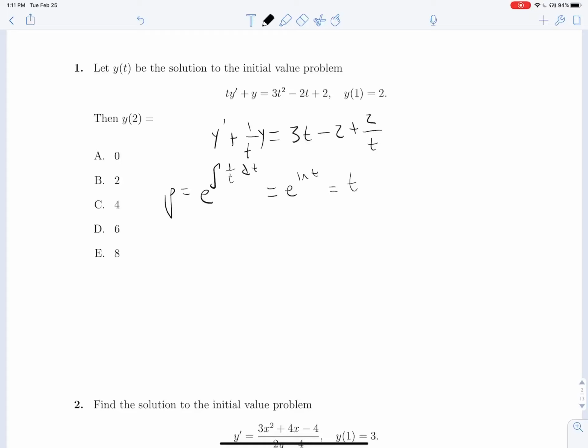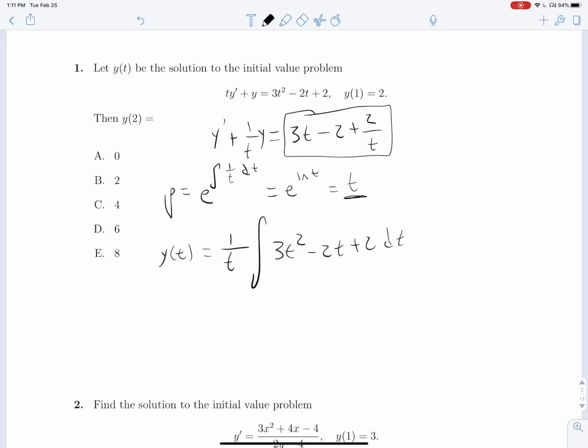So now we know that we can solve this by setting up y of t is equal to 1 over rho of t, which is just 1 over t, multiplied by the integral of q of t, this guy, multiplied by rho, 3t squared minus 2t plus 2 dt.